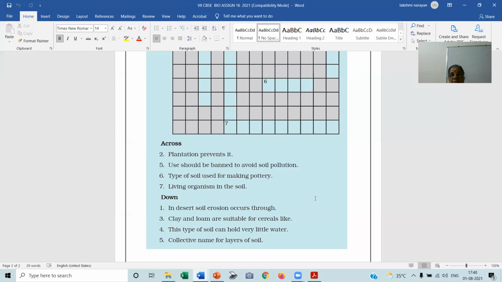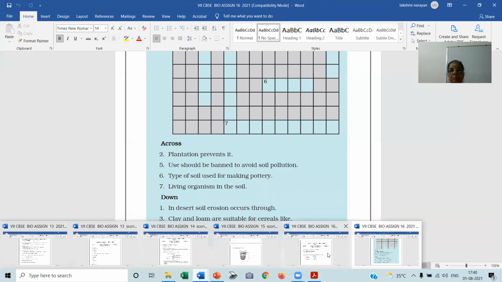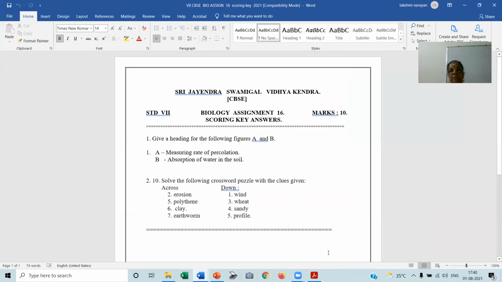Soil erosion occurs through wind. In desert, soil erosion occurs through wind. Okay? Clay and loamy soil are suitable for cereals. So this is the answer. Down: wind, weight, sandy, and profile.